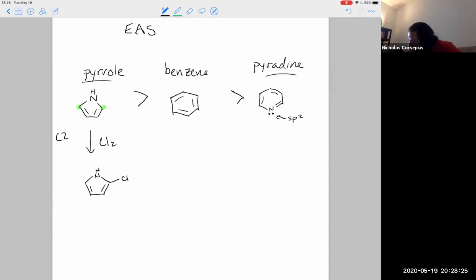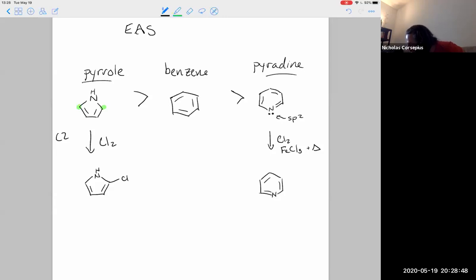And we can do the same thing here, except now we're going to have to use not only a catalyst, but also heat, because these guys are just so unreactive for electrophilic aromatic substitutions. In the case of pyridine, and this might have been what you were thinking, because we have a 6-membered ring, we can talk ortho, meta, para.